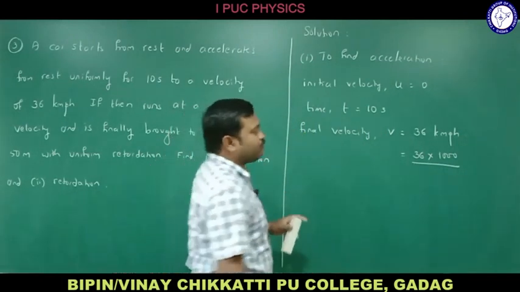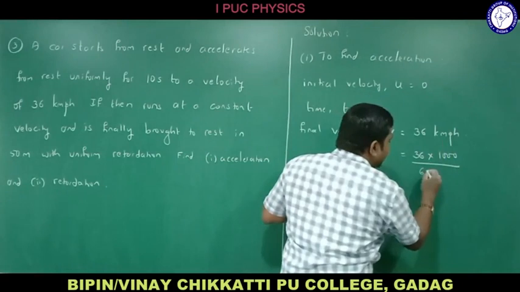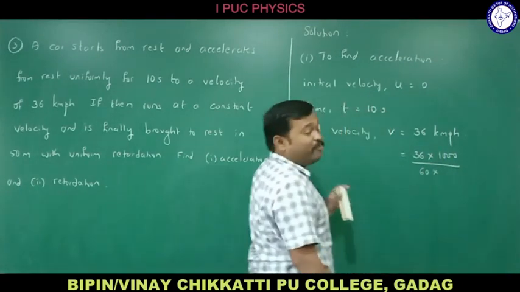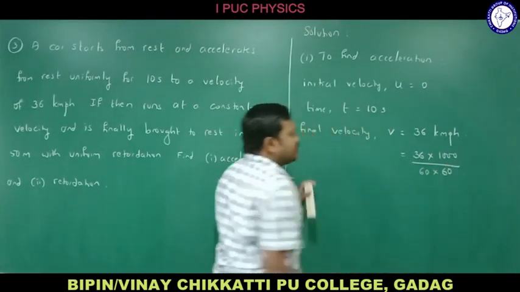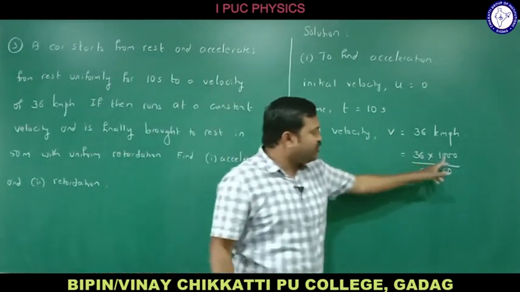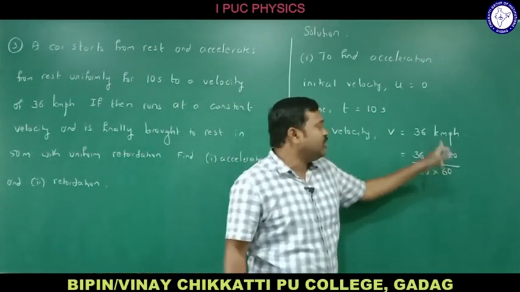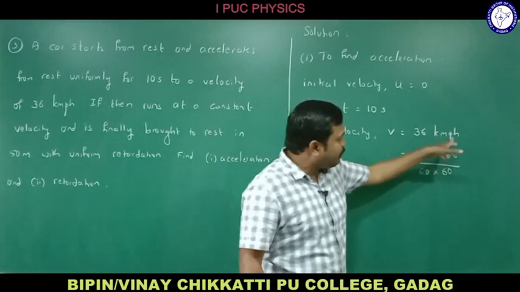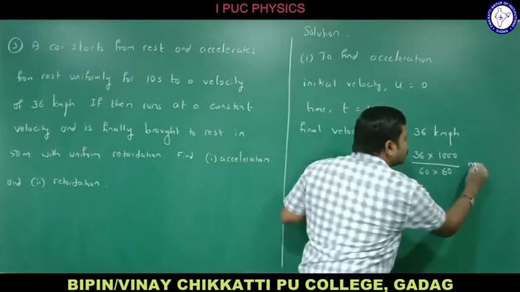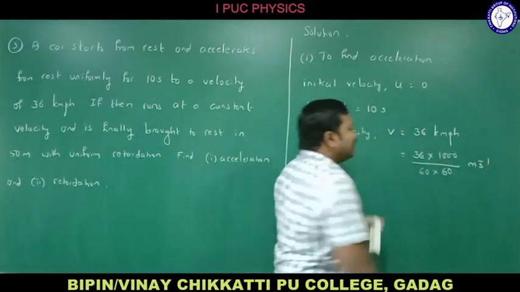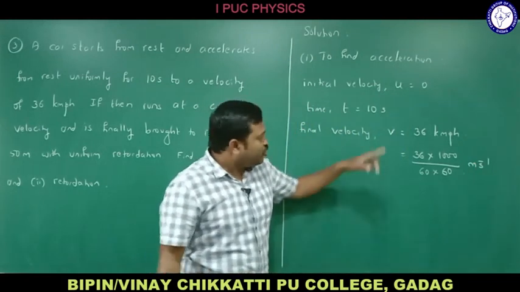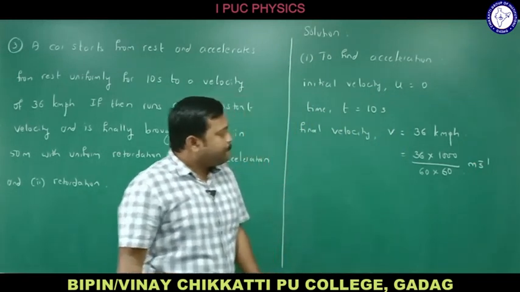So 1 hour, how many minutes does it have? 60 minutes. In 1 minute, how many seconds do you have now here? 60. So if you multiply it by 1000 divided by 60 into 60, then this kilometer per hour is converted into meter per second. This is how we need to convert, right? Kilometer per hour to meter per second.